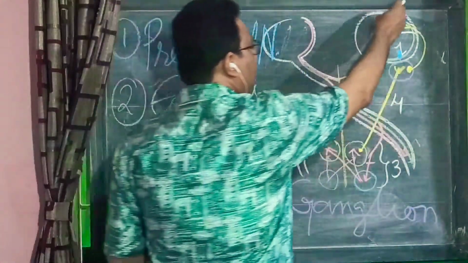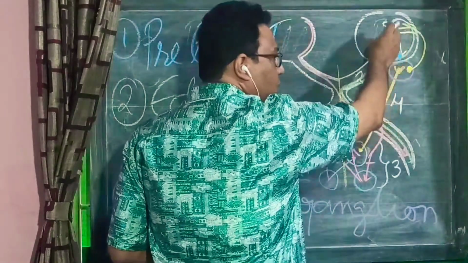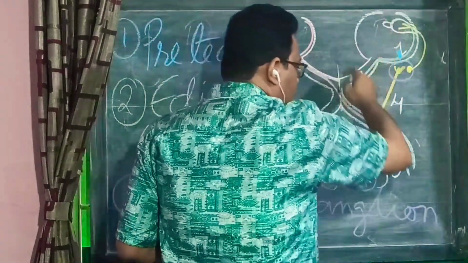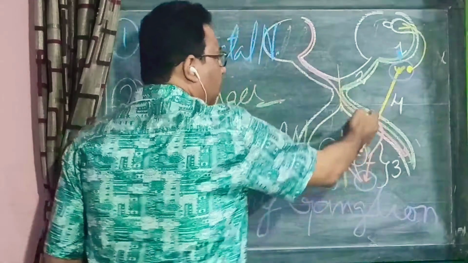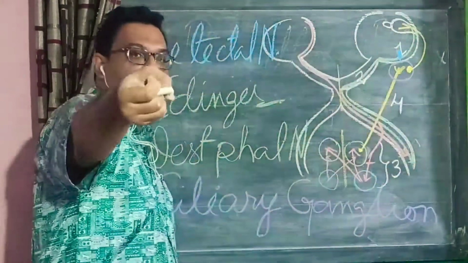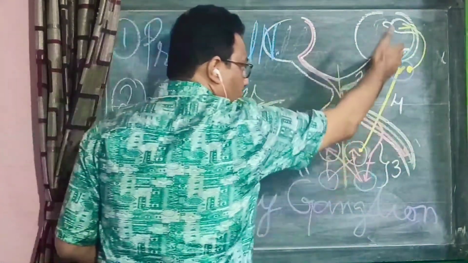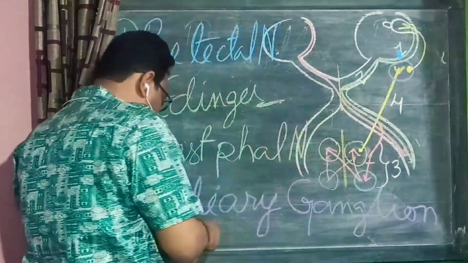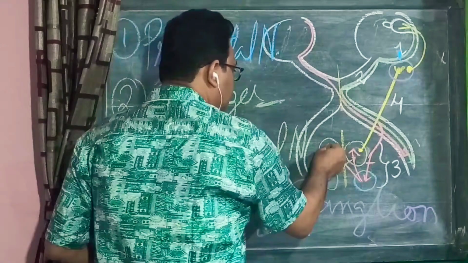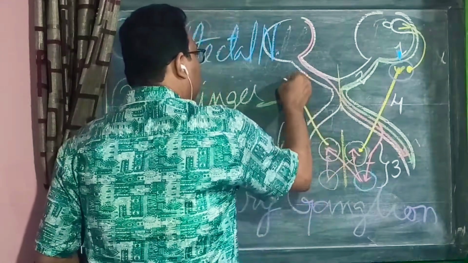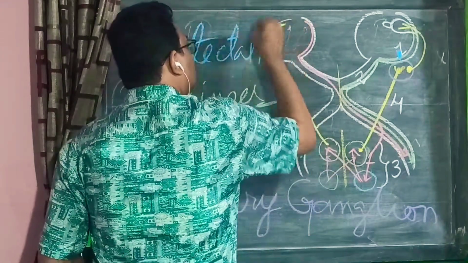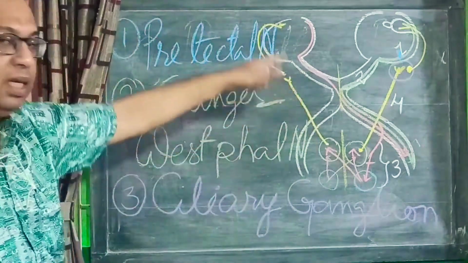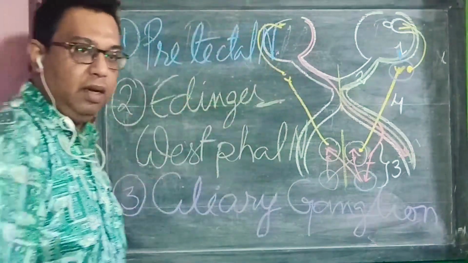So when you shine light on any one of the eyes, there will be this pathway which will result in constriction of the pupil on the same eye and also on the contralateral eye, because the same pathway is followed on this side also. So this is basically what the pupillary reflex is all about.